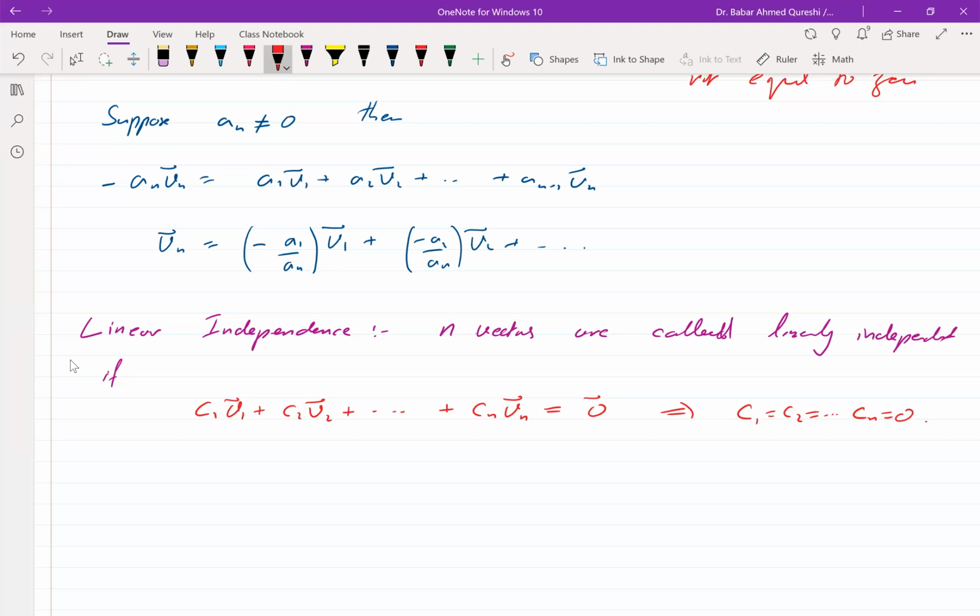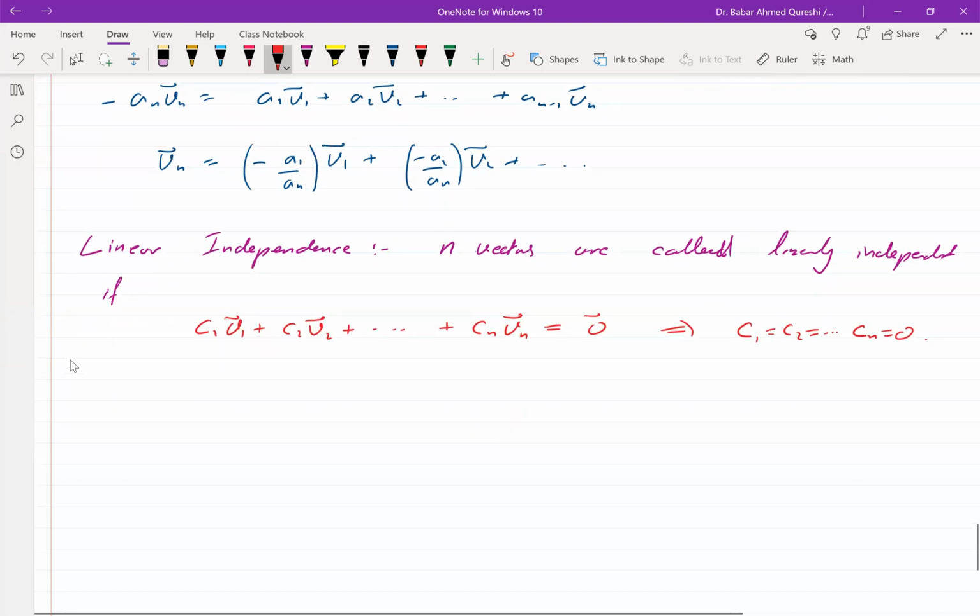That would mean that these n vectors are linearly independent. And why is it important? Because once you know that they are linearly independent, you know that none of them can be written in terms of the others. So if you are given, for example, a spanning set, and you know that these vectors in the spanning set are linearly independent, you know that you cannot delete anymore.